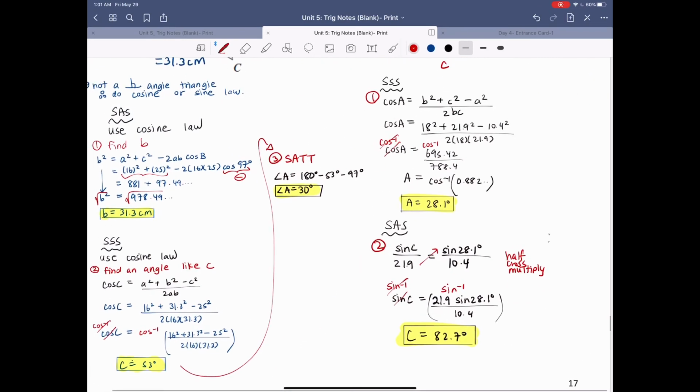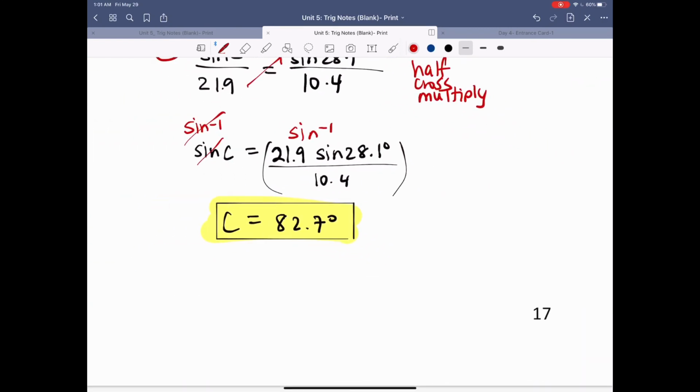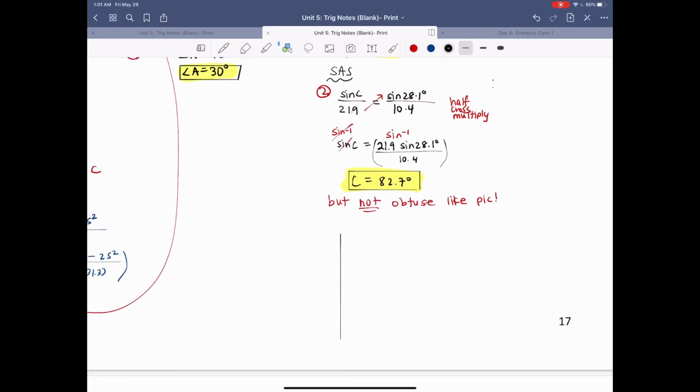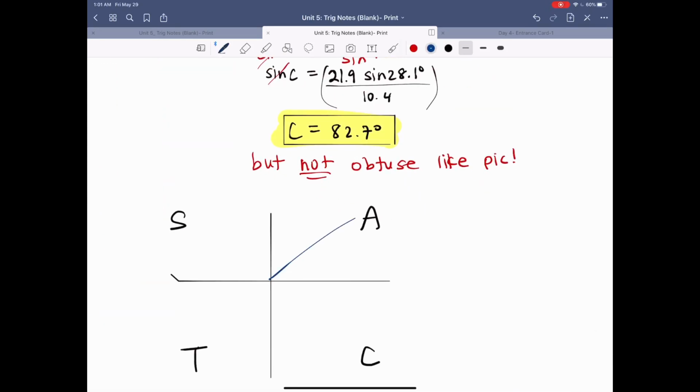But 82.7 is not an obtuse angle. And so I'll quickly draw my CAST. Basically, if my acute angle is 82.7 degrees, and that's basically my theta 1, well, this also has a related acute angle of 82.7 degrees.